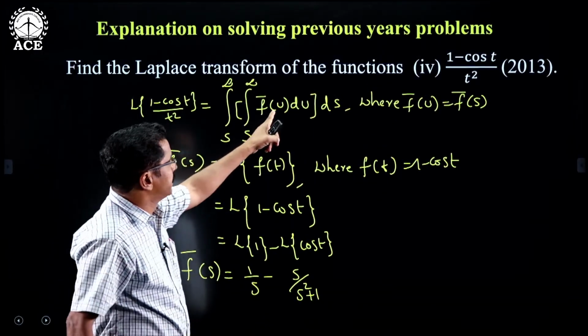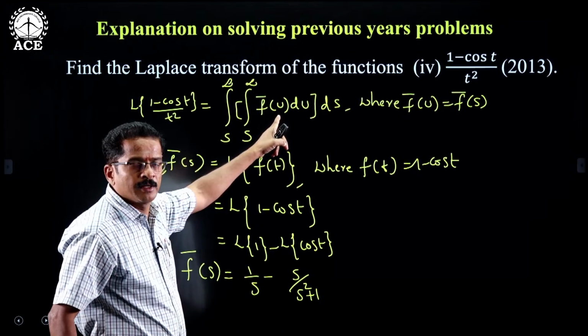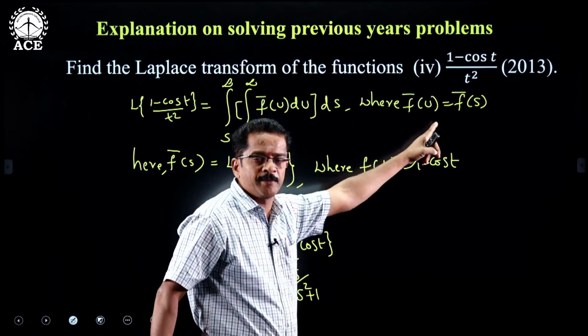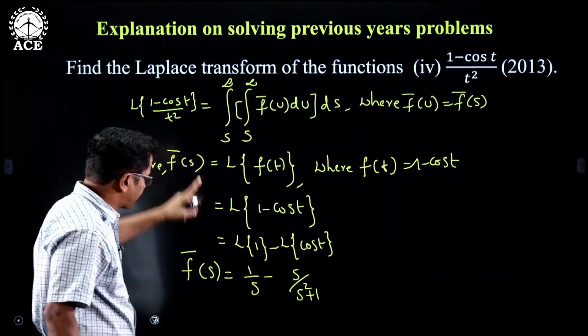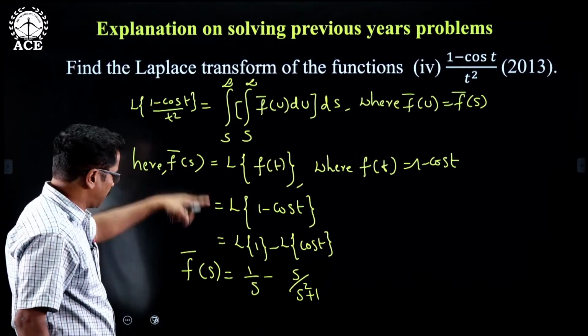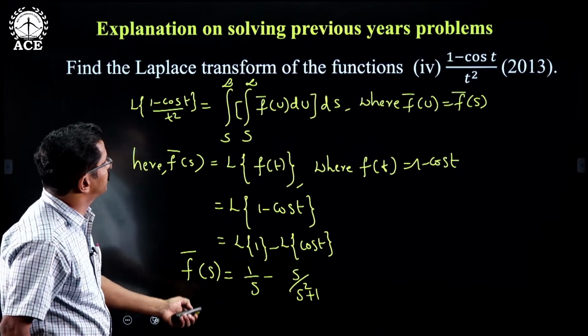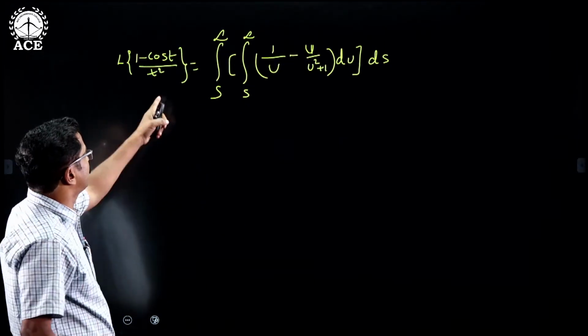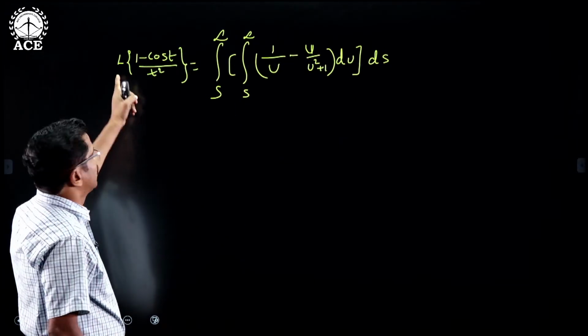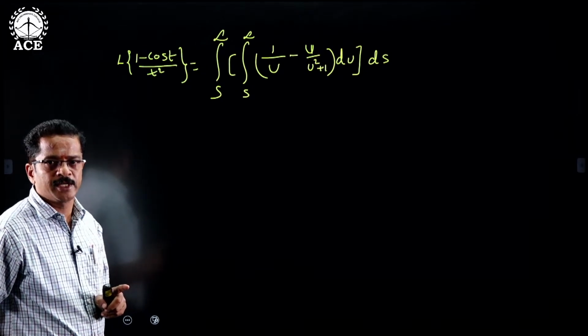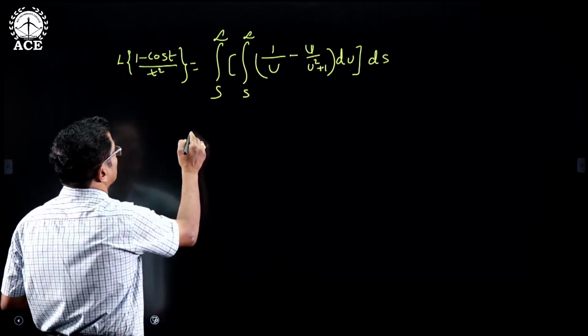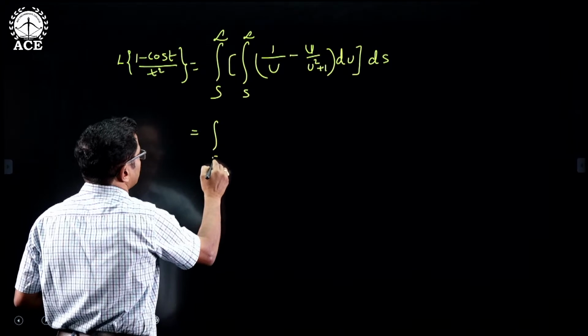In this, f bar of u is what I required, and f bar of s I evaluated. After evaluating f bar of s, it is used for the evaluation of the integration for the Laplace transform of 1 minus cos t by t square, which is equal to the integration from s to infinity.